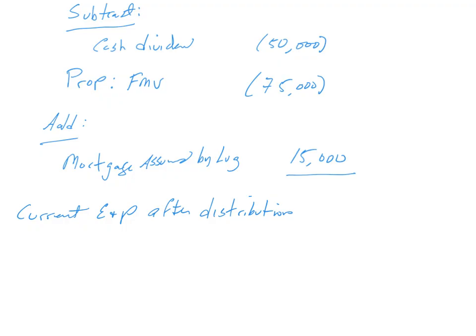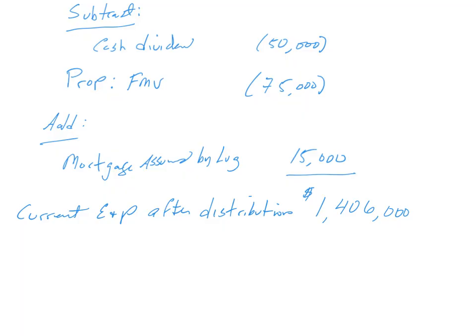Obviously, if the corporation had not distributed cash and property to a shareholder, we wouldn't have to worry about this line. But we did, so we do our arithmetic here, and I believe we get to $1,406,000.